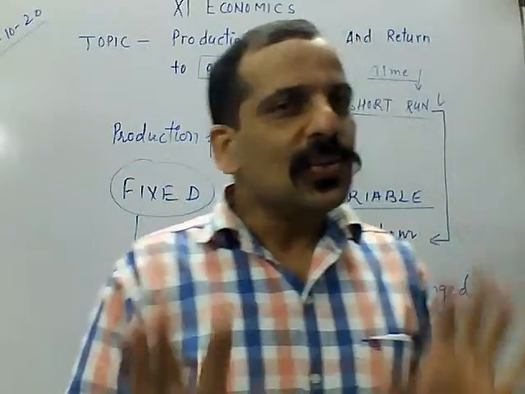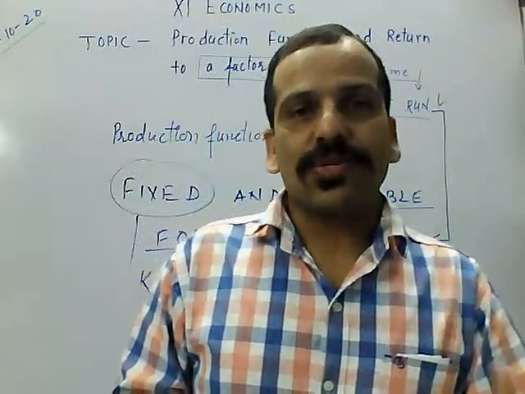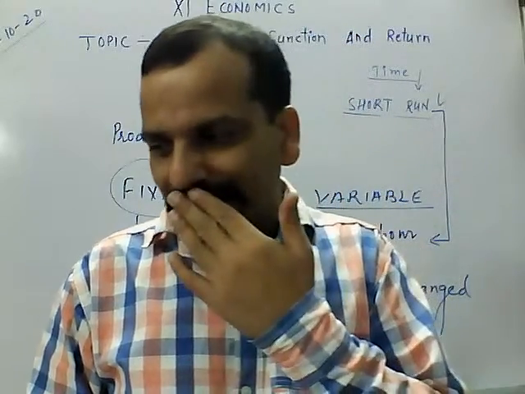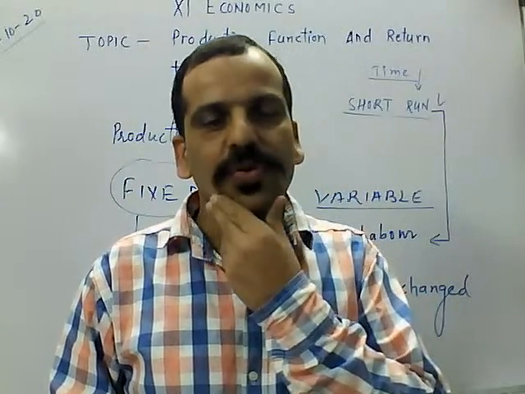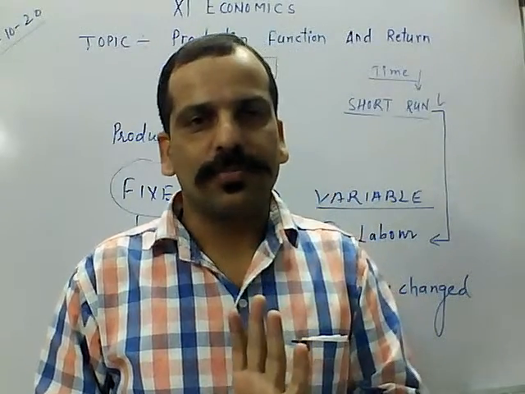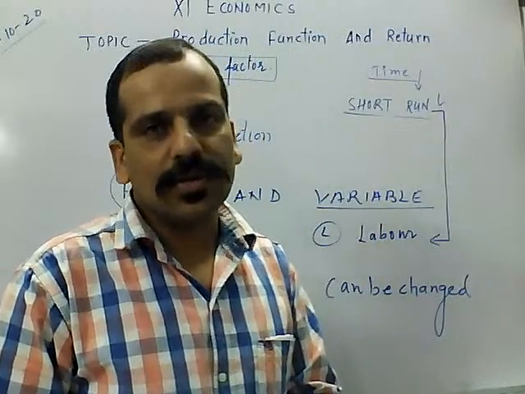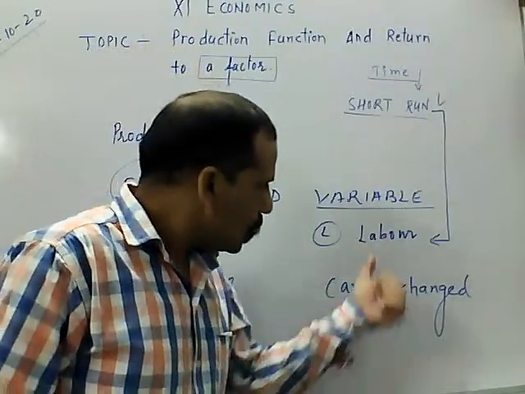But you can increase labor. You may hire casual workers. I'm not talking about permanent workers, keep in mind. I am talking about casual workers, daily based workers. It takes time to hire permanent workers.